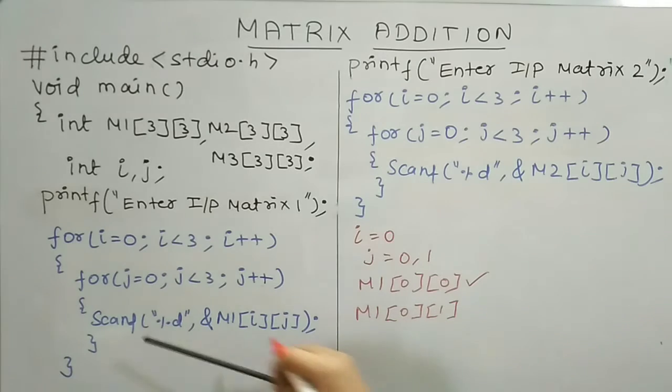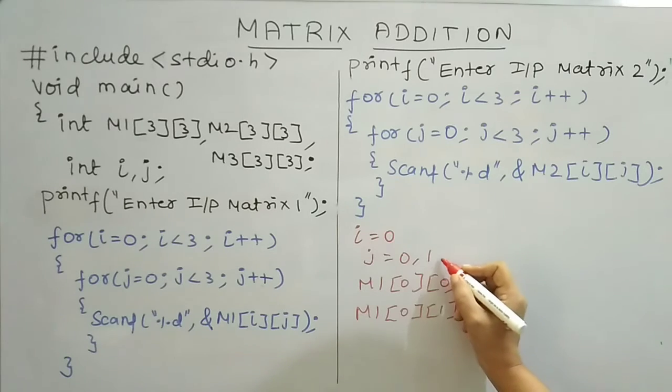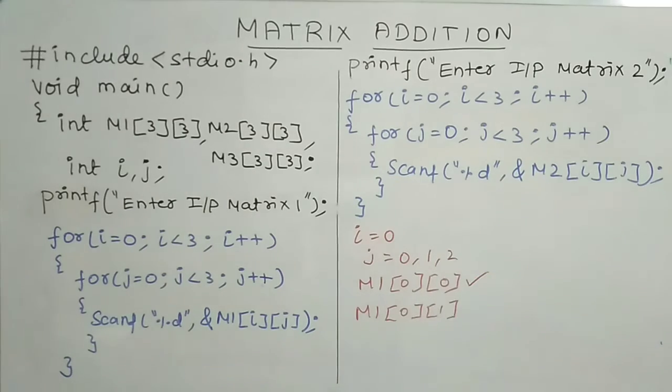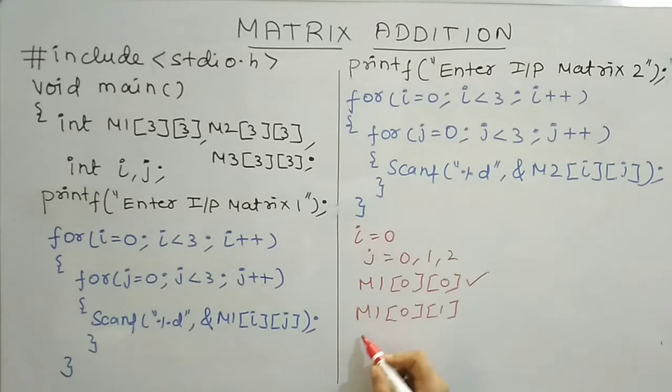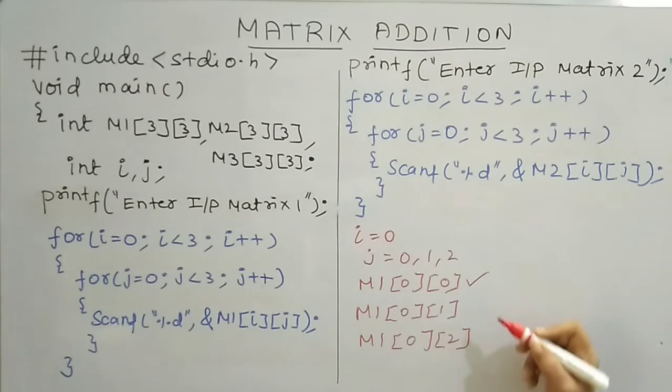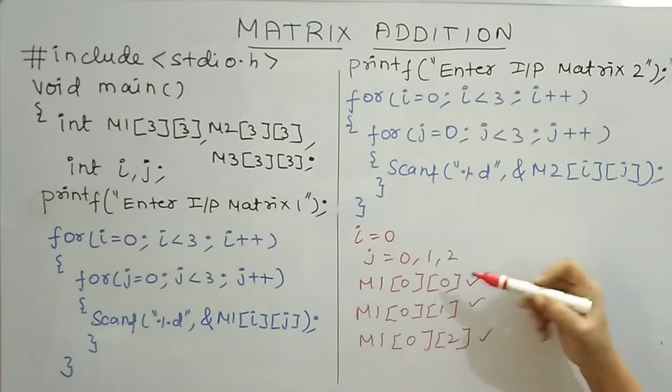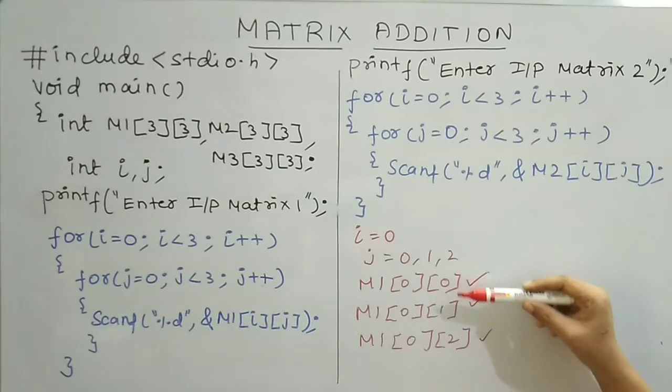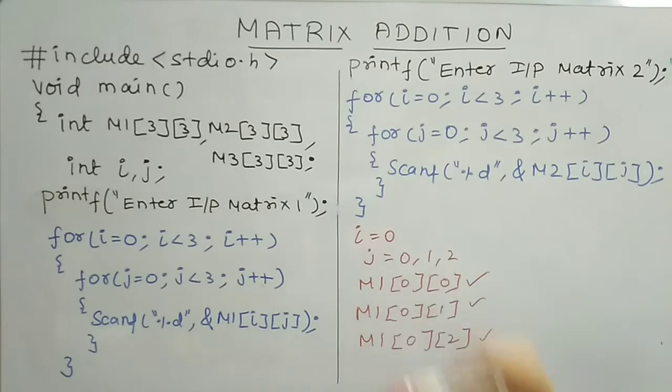Again I get back since the condition is still satisfied. Now the value of j becomes 2, and I get inside the inner for loop and get the value of 0 comma 2. So these are the values of the elements in the first row of the array M1.